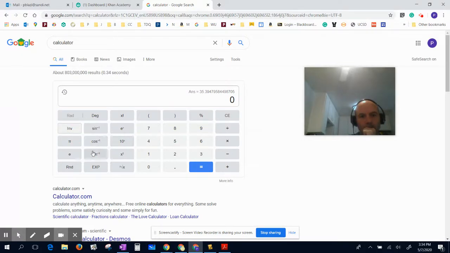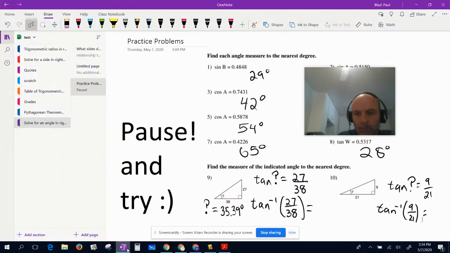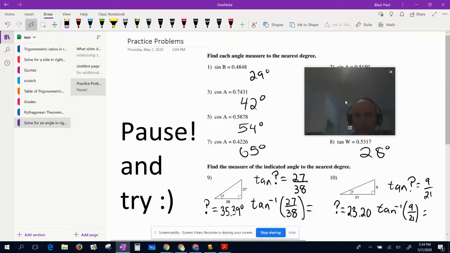Inverse tan 9 divided by 21 equals 23.20. So the angle here is going to be 23.20.